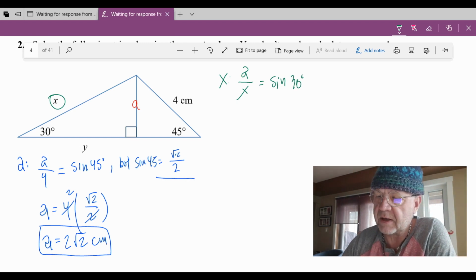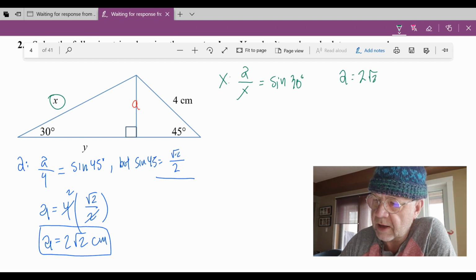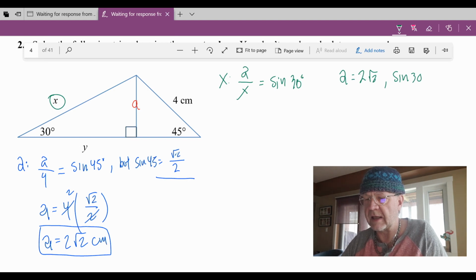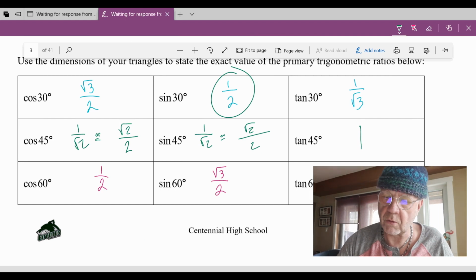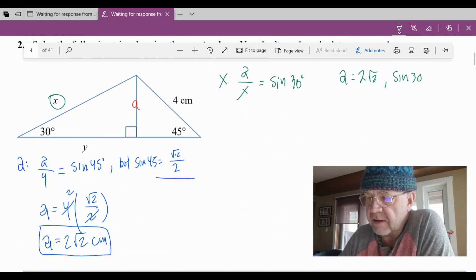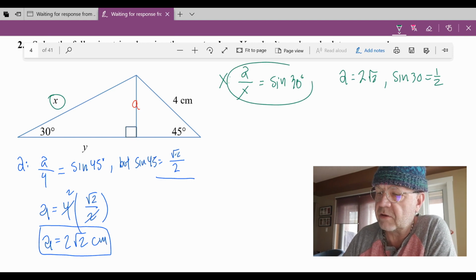And I like that because I know that my A value is 2 root 2. And I also know that sine of 30, just going back up to my table of summary up here, sine of 30 is 1/2.